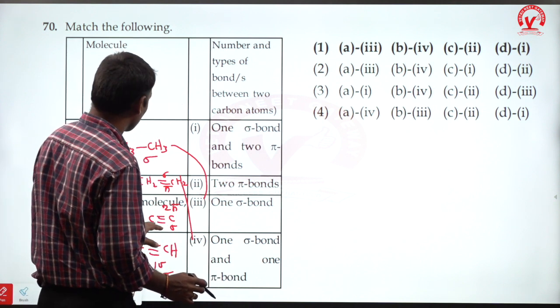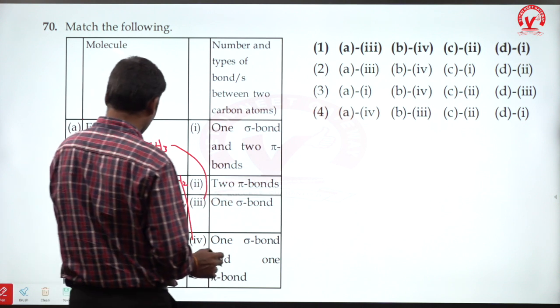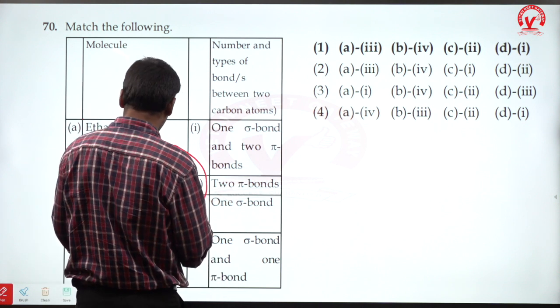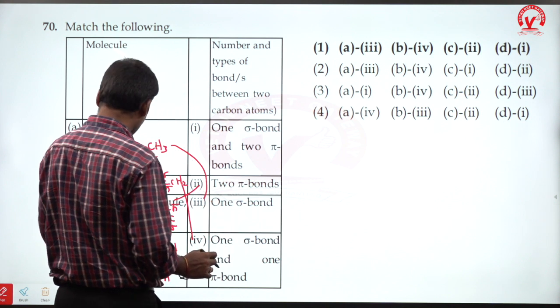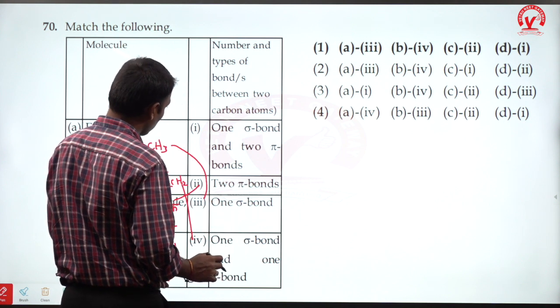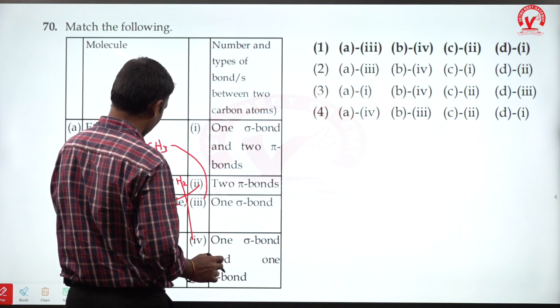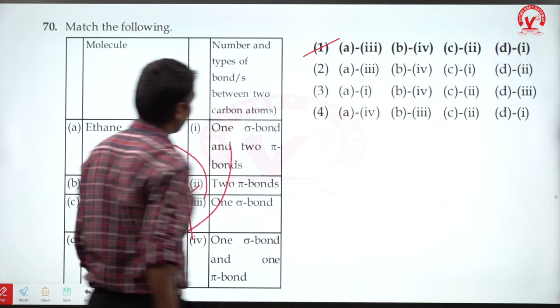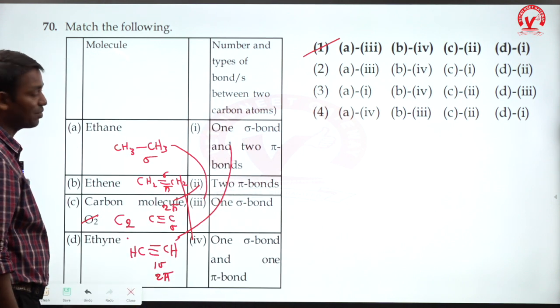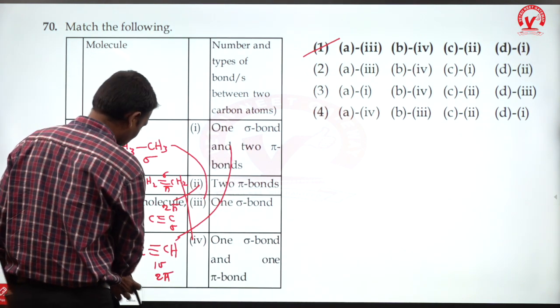C we can take as 2 pi bonds. And ethyne has one sigma bond and 2 pi bonds, so from here we can take 1 and 5. That is option 1 is the correct answer. Simple question, it is a basic question, right? Then move on to the next question.